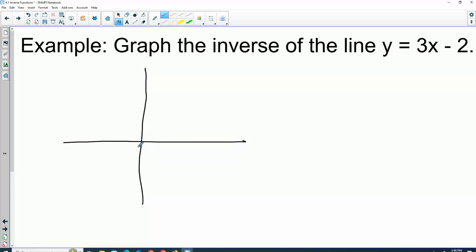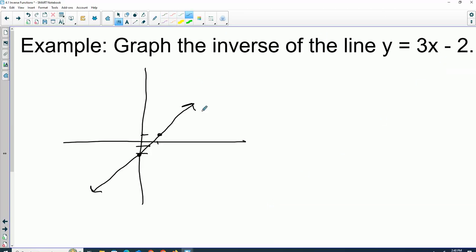So 3x minus 2, that's a line with y-intercept of -2, slope 3, so up 3 and over 1. So that's my original.